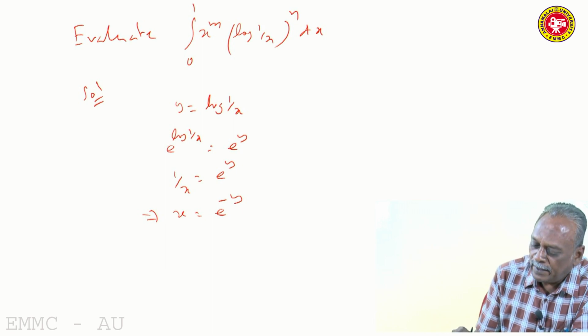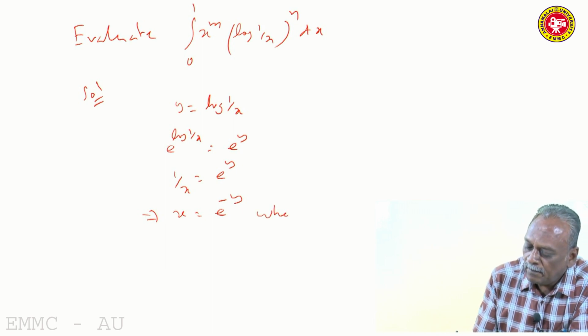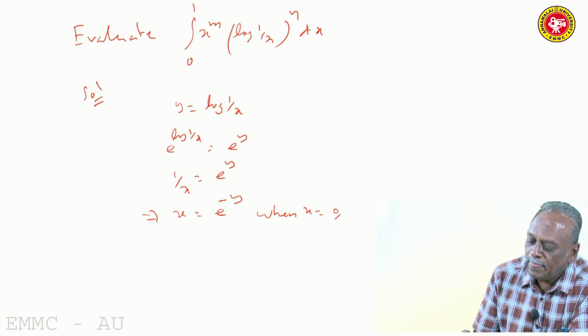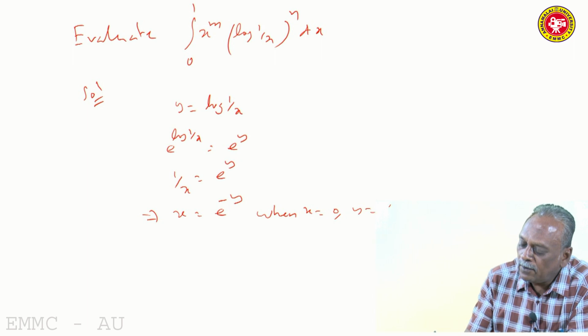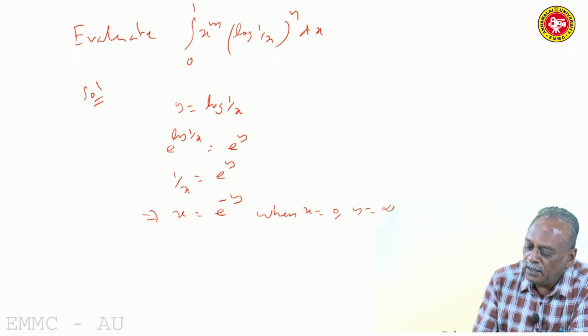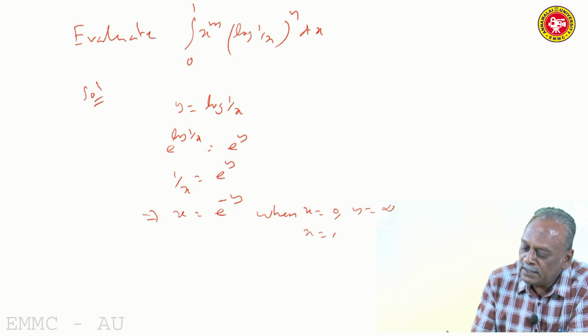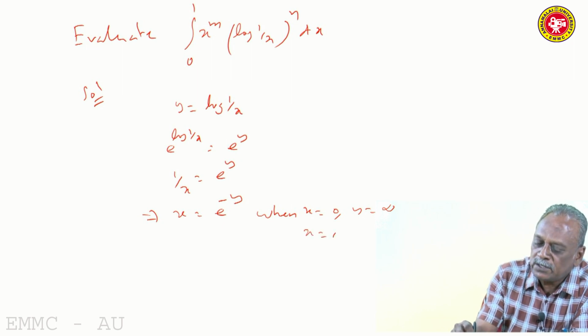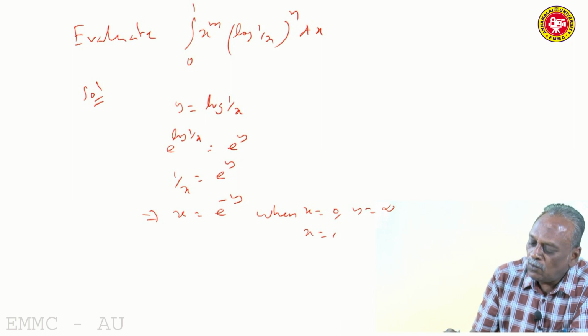Now, when x equal to 0, y equal to infinity. When x equal to 1, y equal to 0, since we are given the limits for x as 0 to 1.